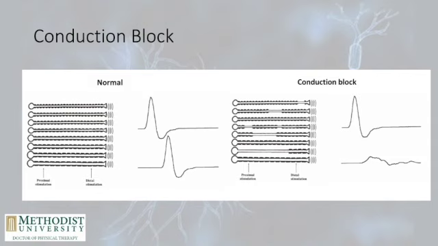Looking at normal versus conduction block here, on the left-hand side of the screen, these are normal potentials. This is normally what we should see. There's a big change versus the abnormal. In the top, we still have a normal potential because we still have nerve fiber and nerve conduction happening.